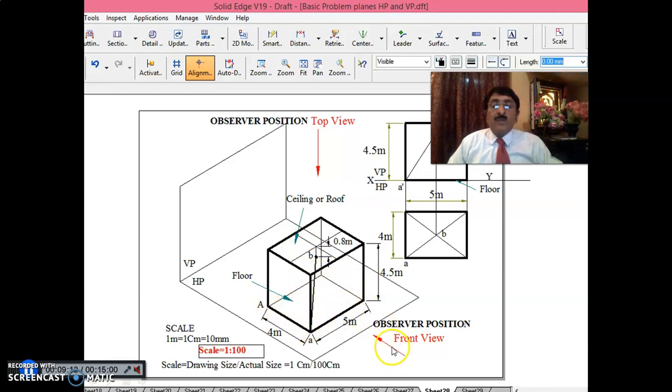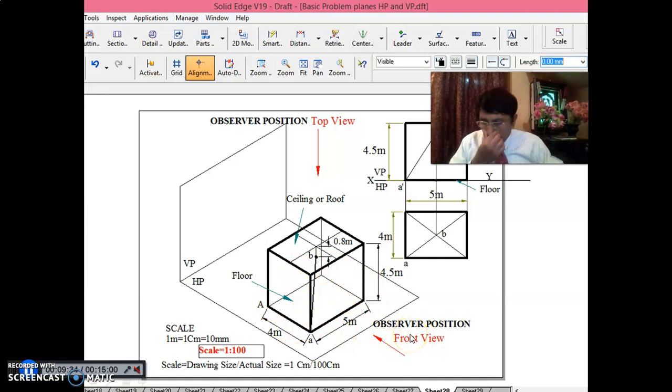Can you understand, all of you, please? This portion is the ceiling of the room. This is the left wall. This is the front wall. When you're looking from here, this is the wall nearest to the observer. And this is the ground of the room.